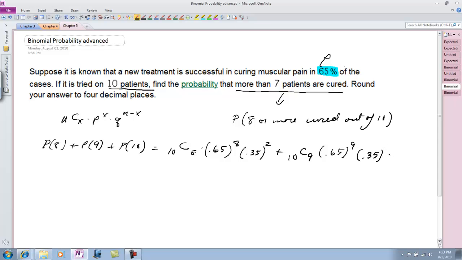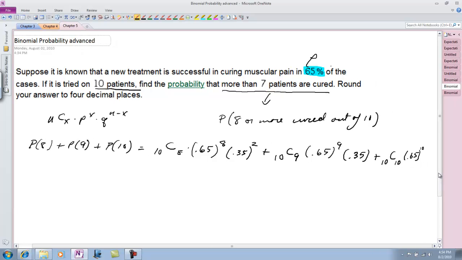And lastly, it's not really necessary to write 10 choose 10 because that's 1. There's only one way to choose 10 out of 10. And we're going to have that times 0.65 to the 10th. I'm running out of room here, let me scroll over a little. Times 0.35 to the 0.